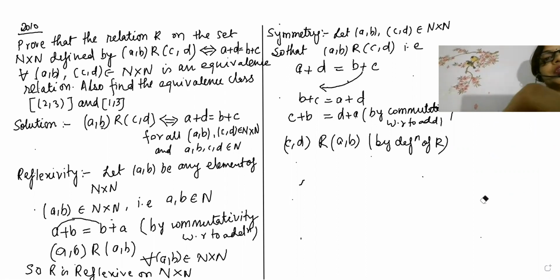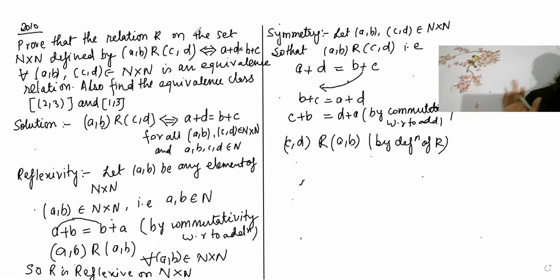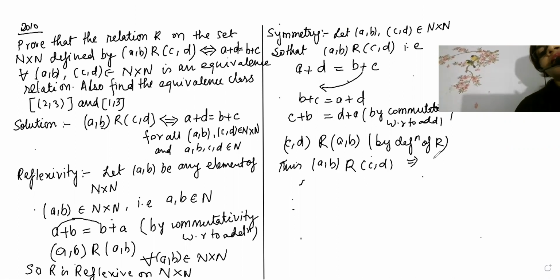Okay, so here it is coming forward. Now, beta, since CD is related to A comma B by definition of relation, thus we can say when AB is related to CD, then CD is also related to AB.